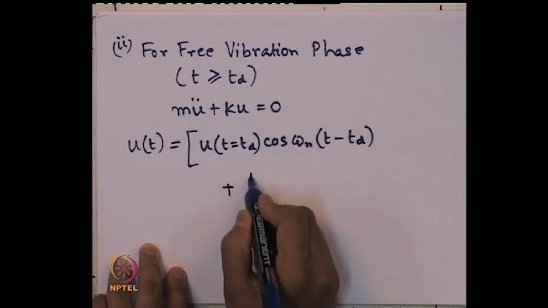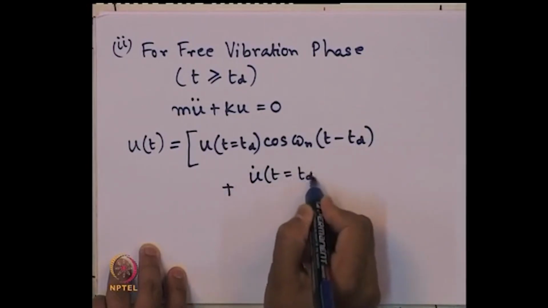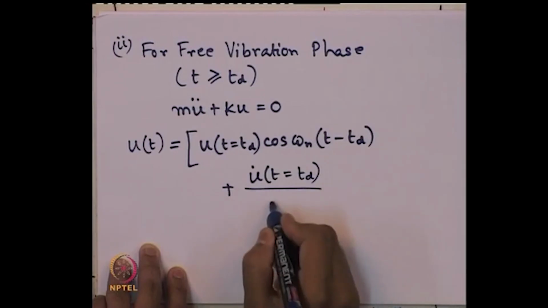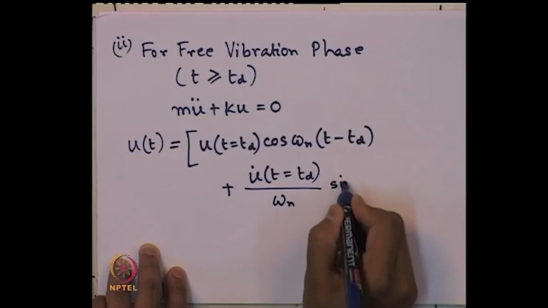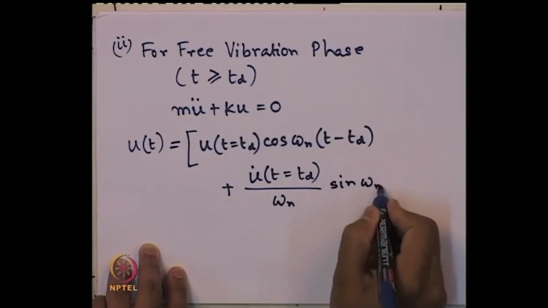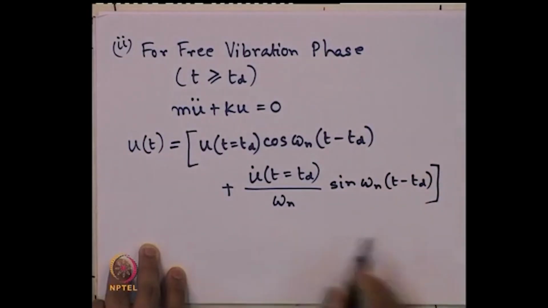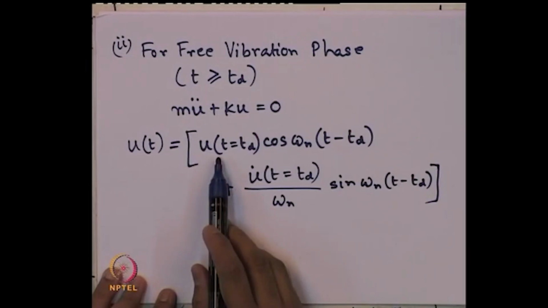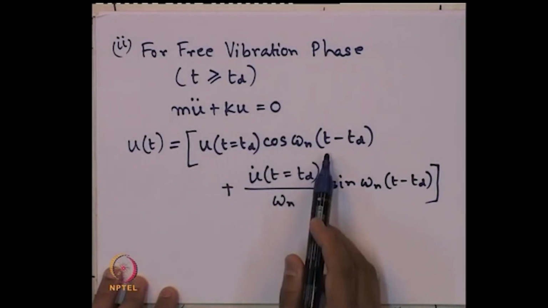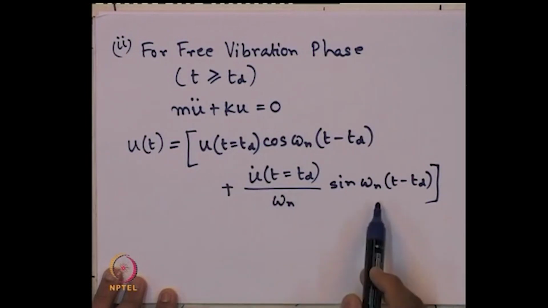Plus the velocity u dot at t equals T d, divided by omega n, times sine of omega n times t minus T d. That is the solution, as we know, for any free vibration phase: initial displacement times cosine of omega n t plus initial velocity by omega n times sine of omega n t.